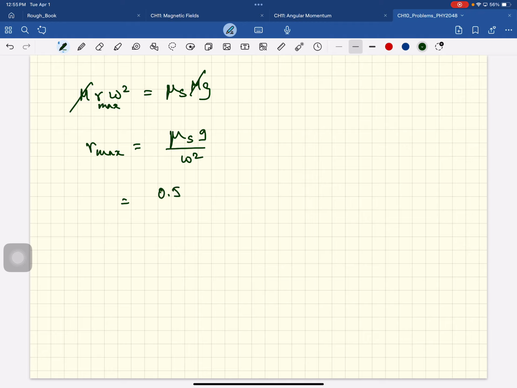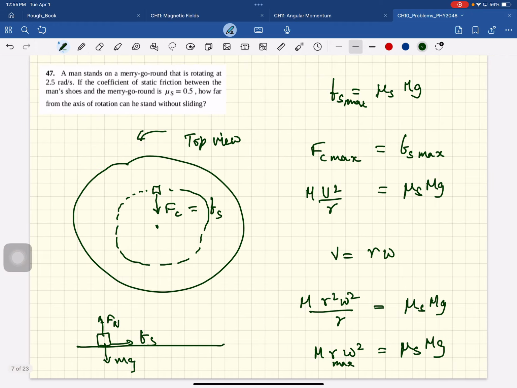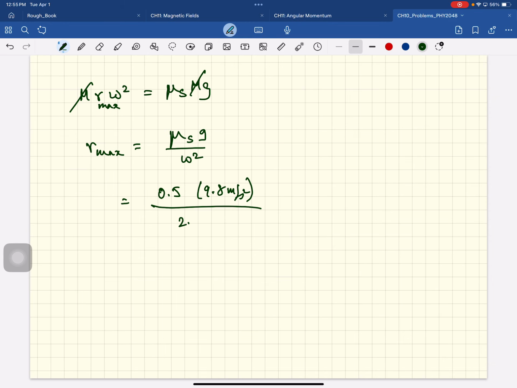μs is 0.5 and g is 9.8 meters per second squared. Omega is 2.5 radians per second. So you see the seconds squared cancel, and what you get is a meter.